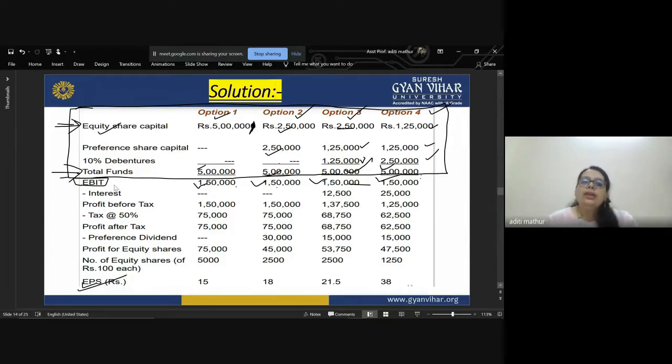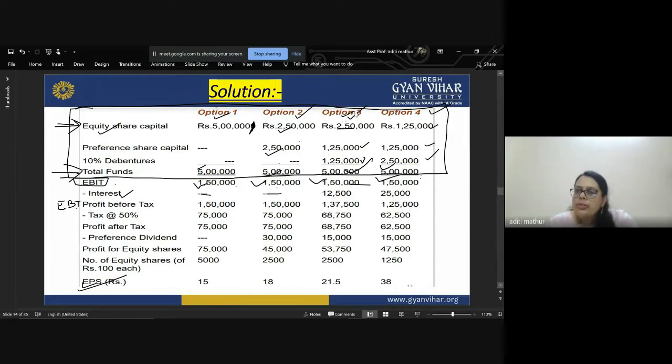From the EBIT, we deduct interest to come to your EBT, that is earning before tax, which is also known as profit before tax. So don't get confused with the terms earning and profit. It is the same, no issues with that. So in the first option, you don't pay any interest. In the second option also, you don't pay any interest.